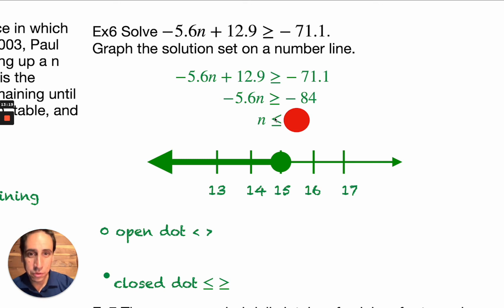You see, this almost looks like the same kind of arrow that gets shaded to the left. So n is less than or equal to 15, and you see that 14 also works, and 13 works, and 0 works, and all those numbers work.